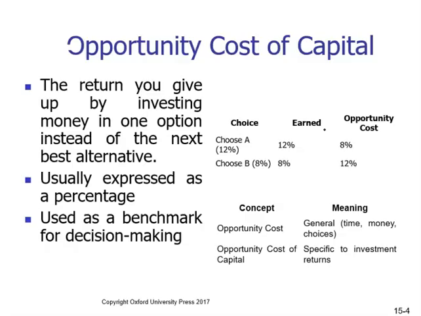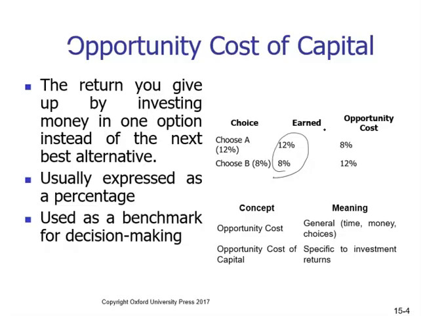So here in this table we have two choices. Choice A has a return of 12%, and choice B, 8%, as you can see here. If you go with choice A, the opportunity cost would be 8% because you are ignoring the other one that has 8%.